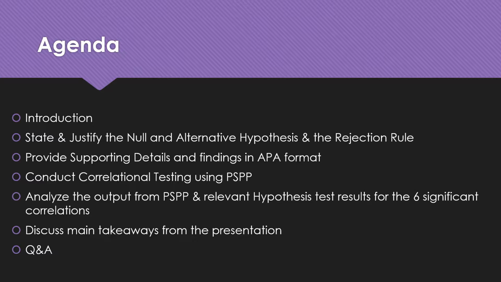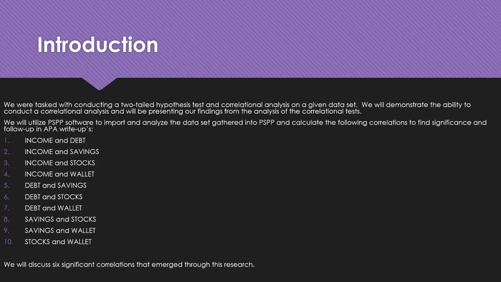Provide supporting details and findings in APA format, conducting correlational testing using PSPP, analyze the output from PSPP and relevant hypothesis test results for the 6 significant correlations, discuss main takeaways from the presentation, and finally we'll end the presentation with a quick Q&A.